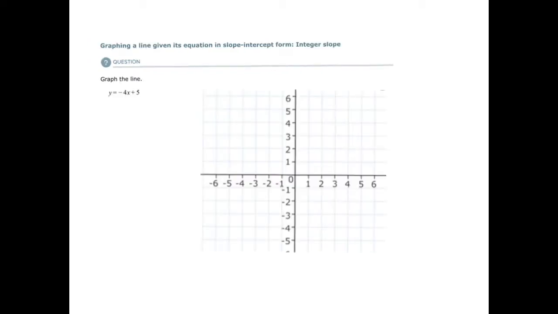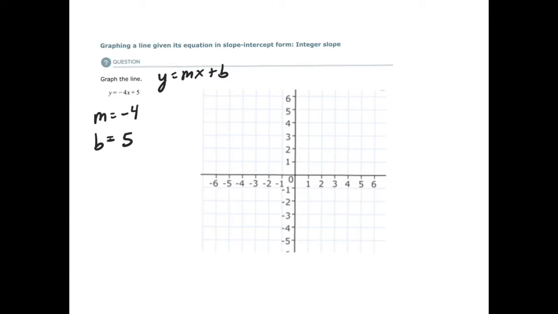To graph from slope-intercept form, you first have to figure out what the slope is and what the intercept is. Okay, so from here, you've got the m matches up with -4, and the b matches up with 5.